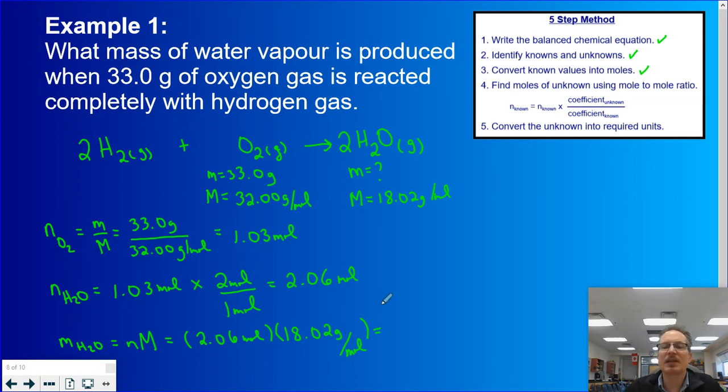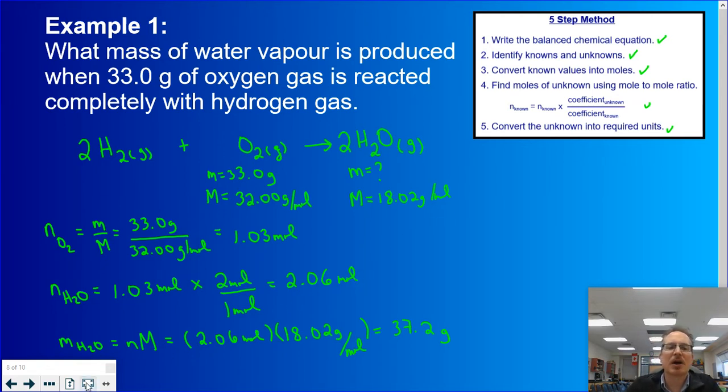I'm still only allowed 3 significant digits because that's what the question tells me. So my answer is going to be 37.2 grams. Again, I've done my mole ratio step, and now I've answered the problem in the appropriate units.